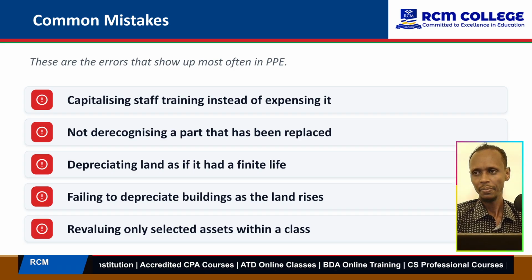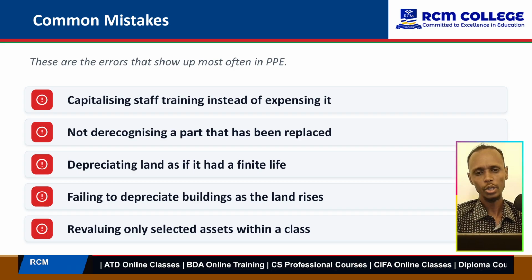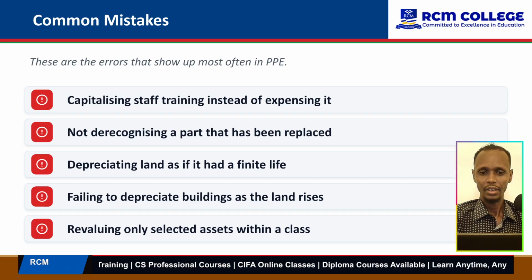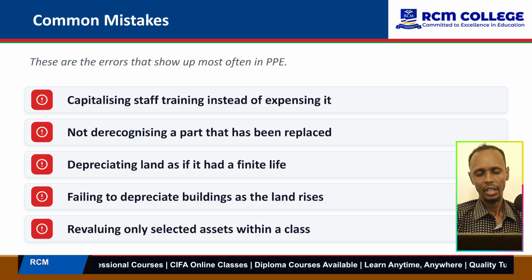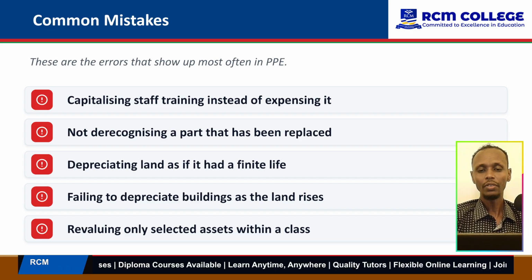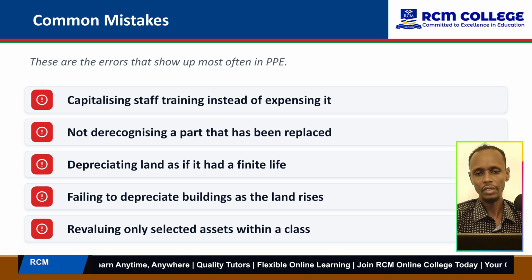Someone was asking me, how do we derecognize, for example, a part from a motor vehicle where the cost was, say, 5 million? So how do you remove it? Let me tell you. Any part in that vehicle has a value. When you contact the manufacturer, they can easily tell you the cost of each and every component.